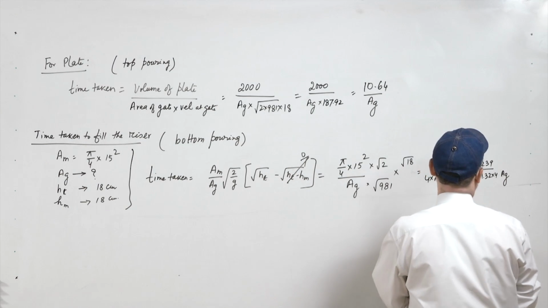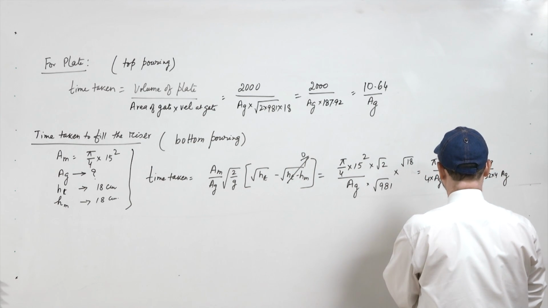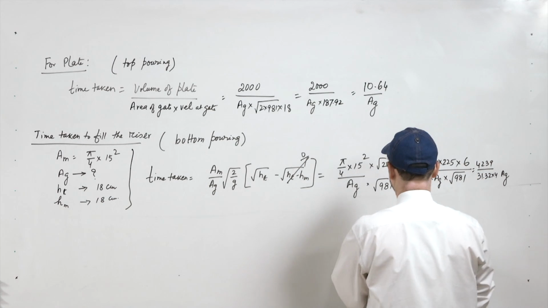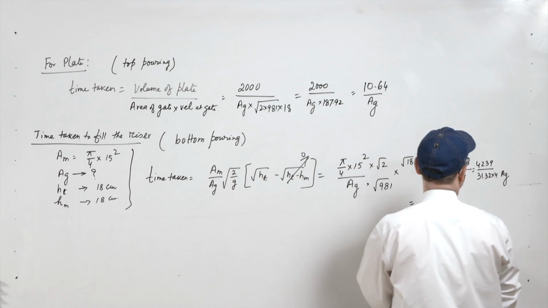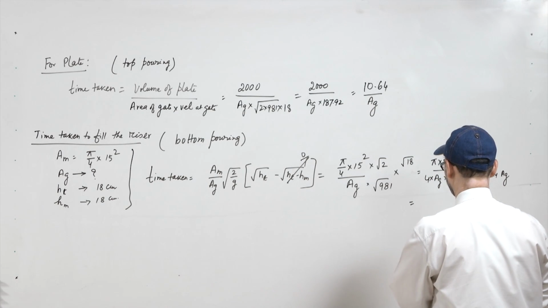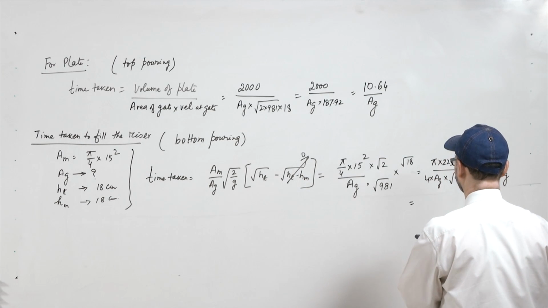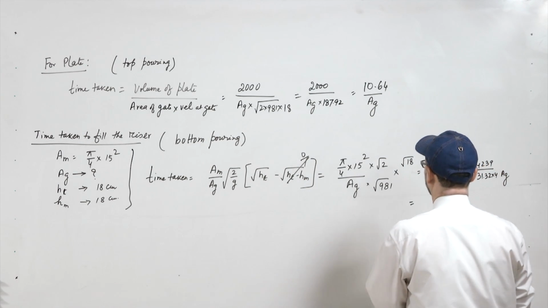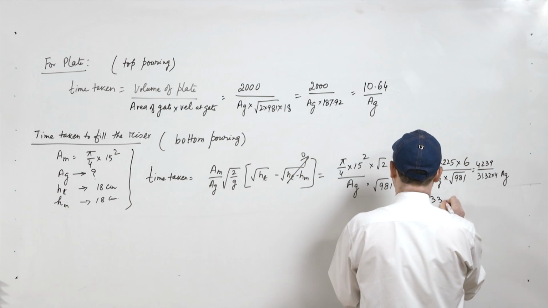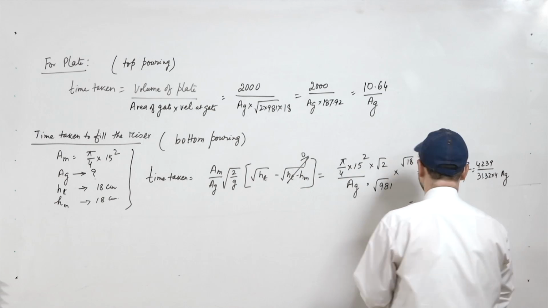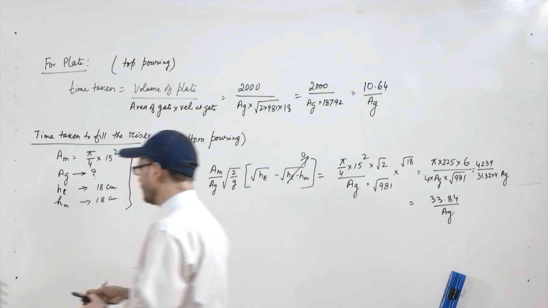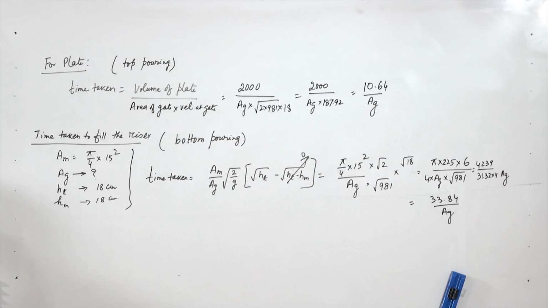So, it will be 4239 divided by 125.28. So, it is 33.84 upon Ag.